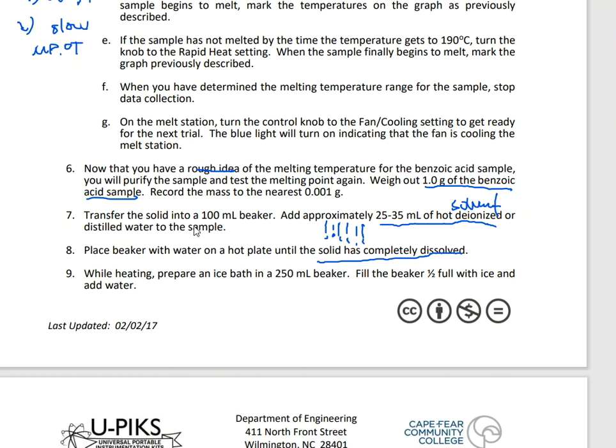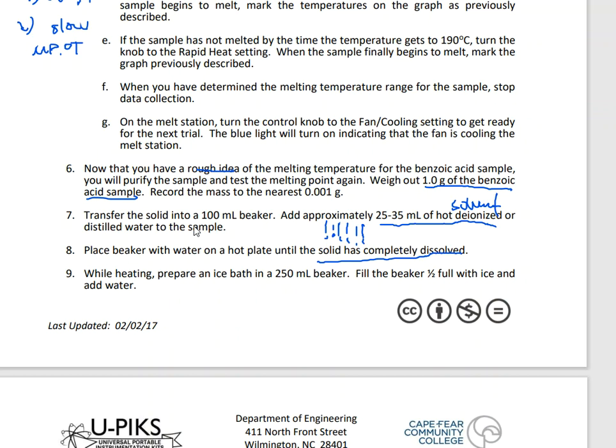All right? So number 8, you're going to put it on a hot plate and you're going to stir it and you're going to heat it until the solid completely dissolves in your flask, because up until that point, the impurity will still be in that crude product. So you have to heat, you have to stir, you have to continue to do it until the solid has dissolved in your flask.